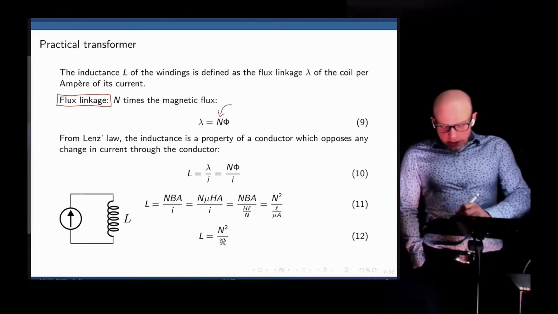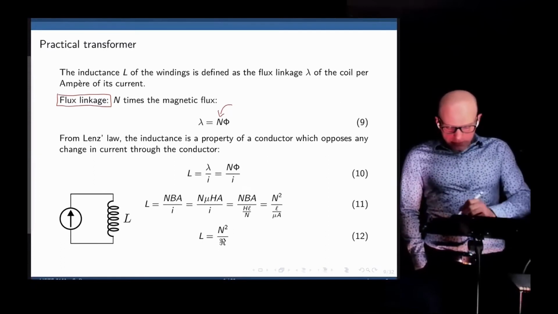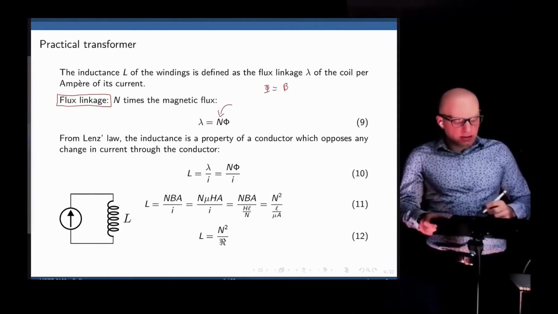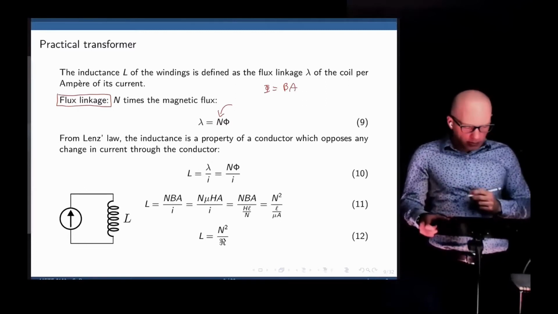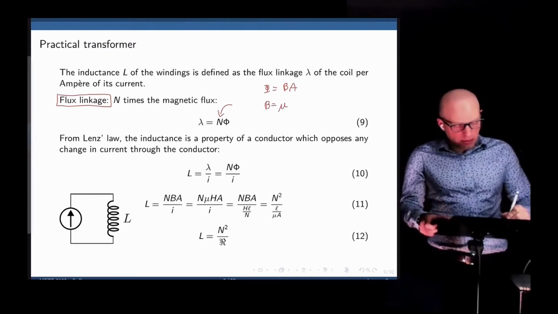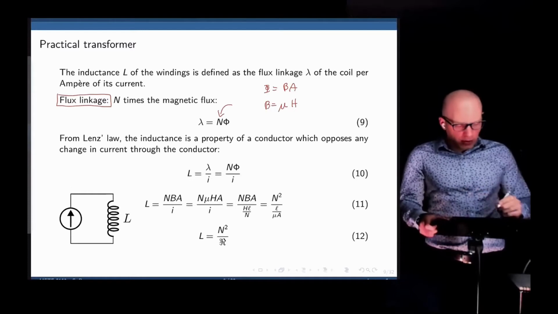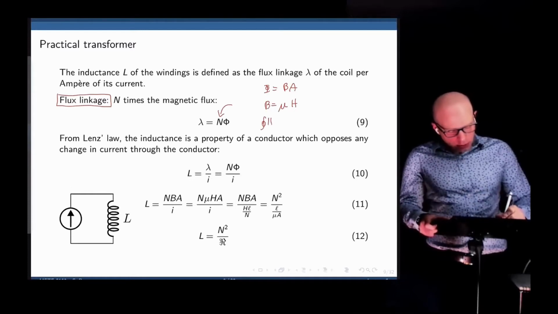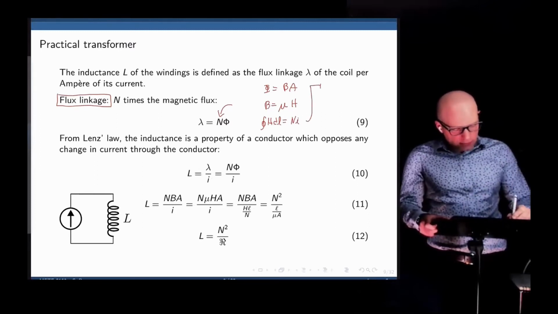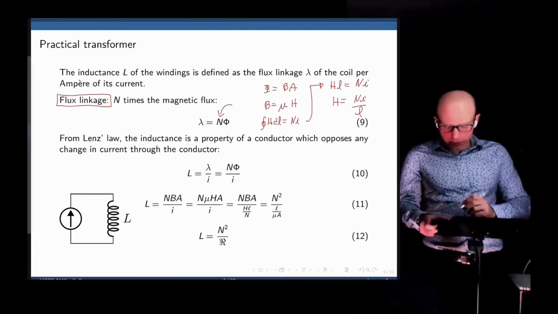From the definition of a magnetic flux linkage, we have N times phi. Phi, if you remember from the last lecture, is the magnetic flux density times the cross-section through which it passes. B is related to the strength of the magnetic field through the permeability, mu H. And H can be taken from the integral of H dl equals N I, also from the last lecture. So this gives H l equals N I, H equals N I over l.